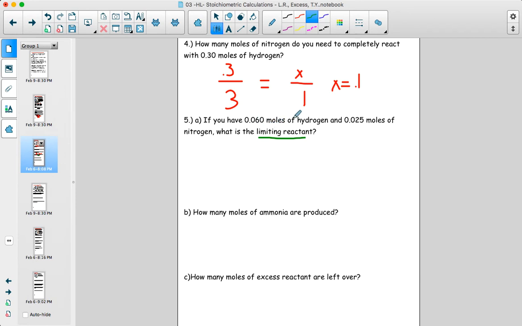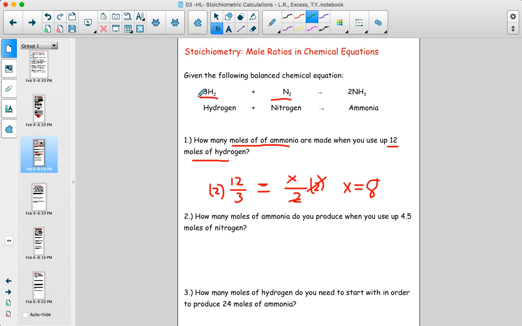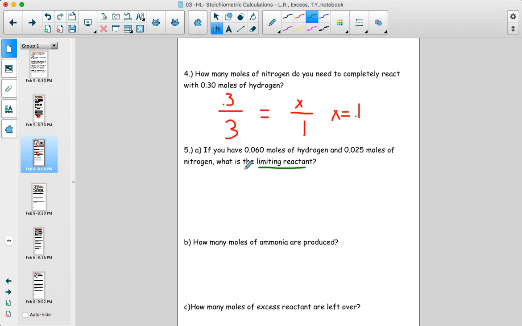They've started me with 0.06 moles of hydrogen, 0.025 moles of nitrogen. And I want to know what the limiting reactant is. So I'm going to first go up and say, okay, the coefficient of hydrogen is 3, and that of ammonia is 2. So for the hydrogen one, I'm going to have a 3 to 2 ratio.